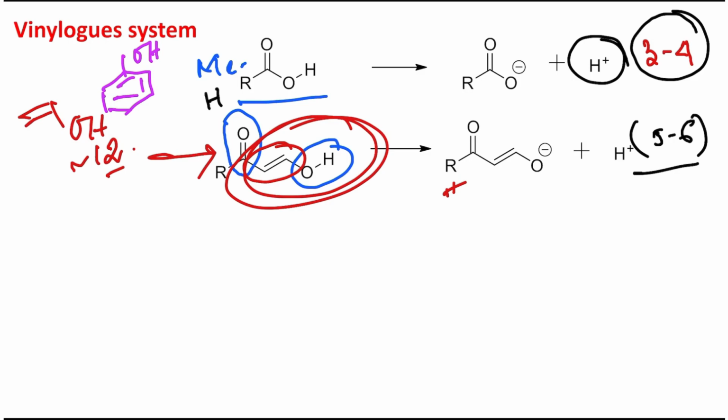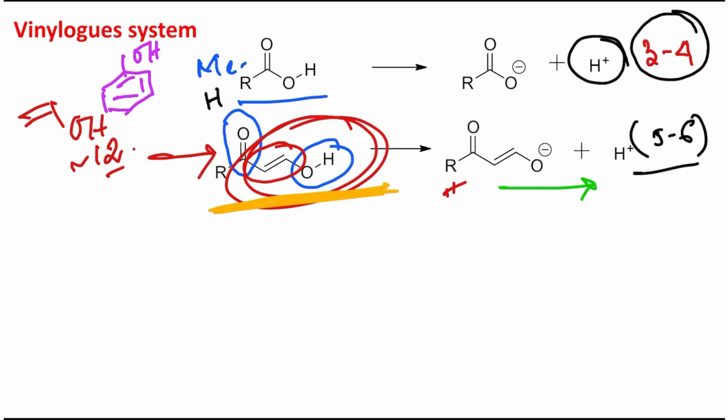From that you can understand that this acid is slightly more acidic. It is slightly more acidic because it is a vinylogous carboxylic acid. It has the property of a carboxylic acid.